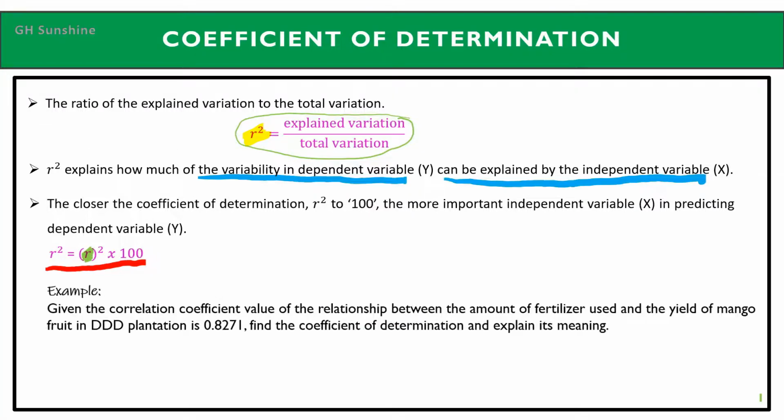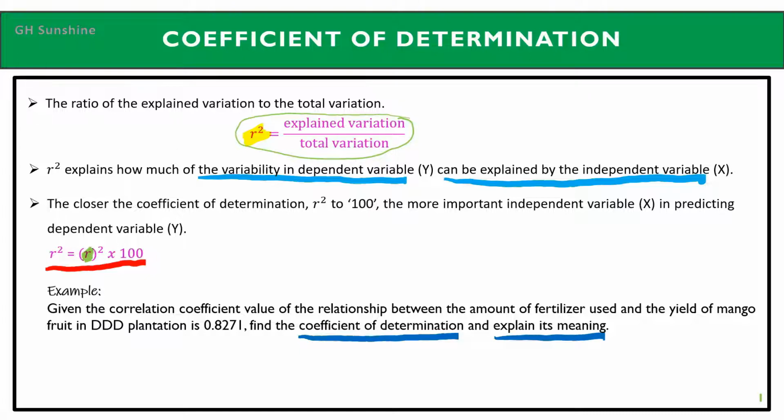For example, given the correlation coefficient value of the relationship between the amount of fertilizer used and the yield of mango in GGG plantation is 0.8271, find the coefficient of determination and explain its meaning.